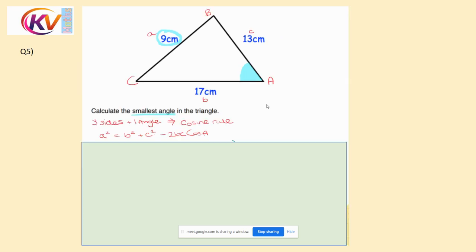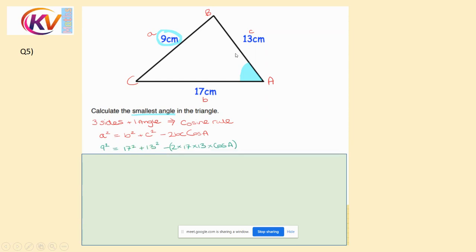So if we label everything up there, again, you can change it, but what you do want is the fact that we're trying to find this angle over here, and this is the most important angle in our formula, which means it needs to be capital A because that's what the formula contains. So that one must be capital A, and therefore 9 lowercase a, but B and C, it doesn't matter. So fill it all in and we've got that one.